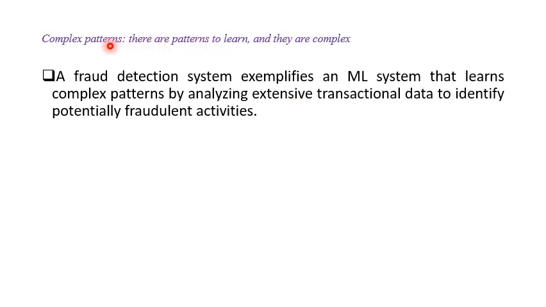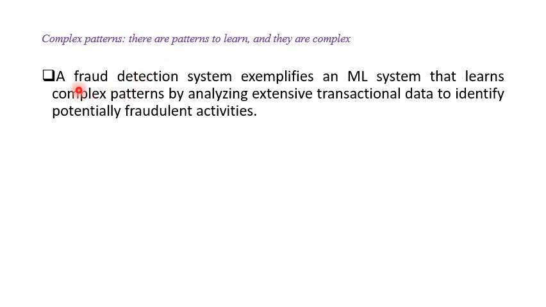The second case that demands machine learning is complex patterns. There are patterns to learn and they are complex. We can observe some patterns in the problem over time, and these patterns are complex. In this case, we need to use machine learning.